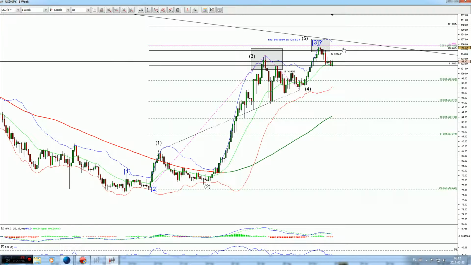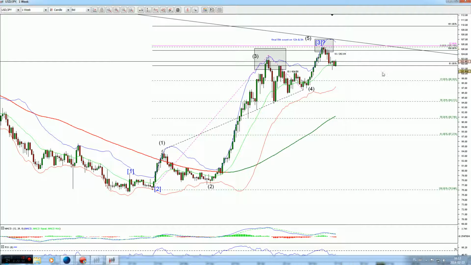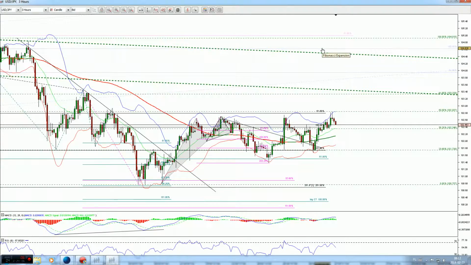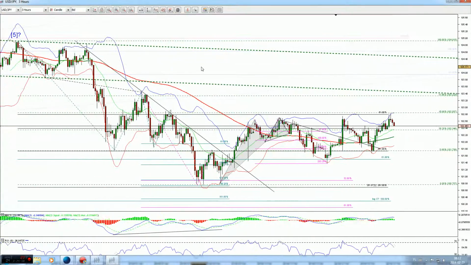If it's a flat correction, A, B, and C wave, this is all what may happen. I think there should be a B wave, a flat correction, so a higher B. So the market may need some time to complete it.